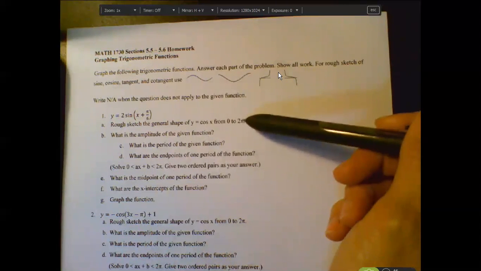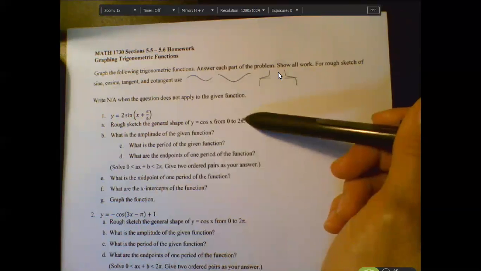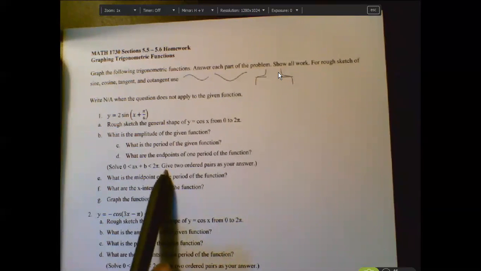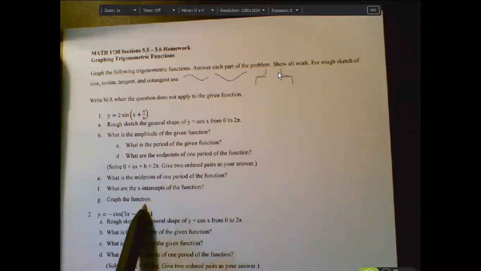And so give me basically what the basic graph is supposed to look like, and then the amplitude, the period, the endpoints. Show your work when you set up that inequality to find the endpoints, the midpoint, the x-intercepts, and then graph the function.